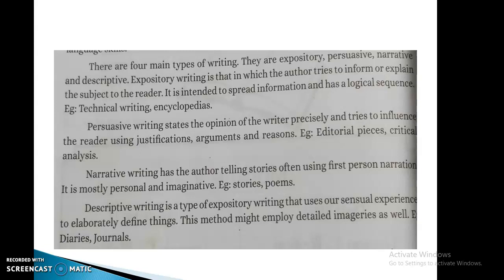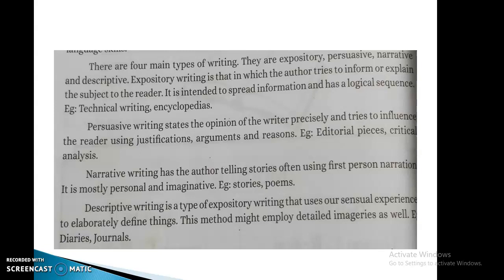And what does the writer do? The writer tries to influence the reader using justification, that is showing something to be right or reasonable. Then the writer influences the reader also by using arguments and reasons.